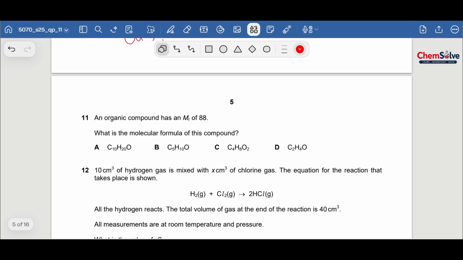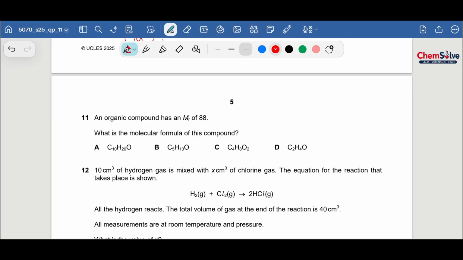Okay, question number 11. An organic compound has the molar mass of 88. What is the molecular formula of this compound? Okay, so for that, obviously, we have to calculate the molar masses. For option A, C10H20O, we will multiply 12, the AR of the carbon, with 10, and then hydrogen is 1, it will be multiplied with 20, and oxygen is 16.